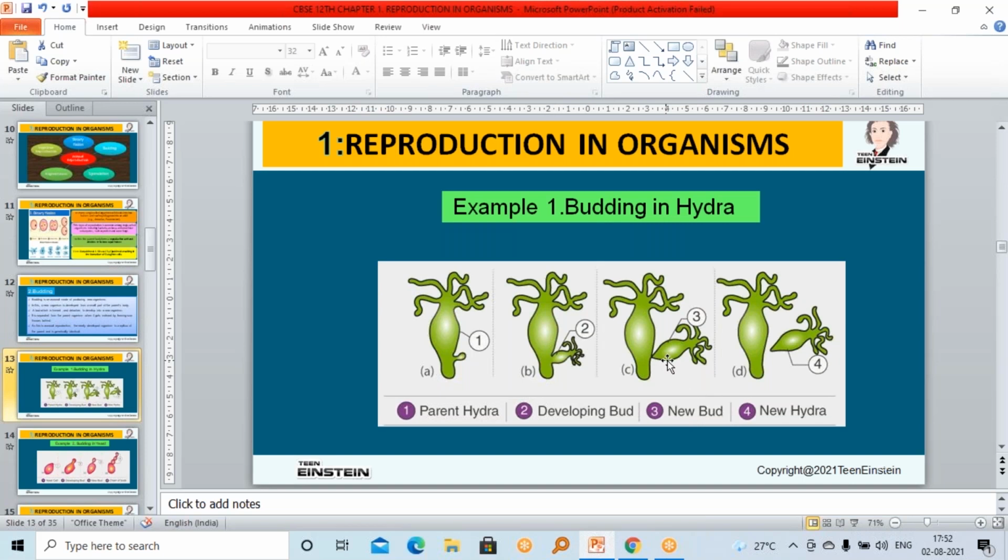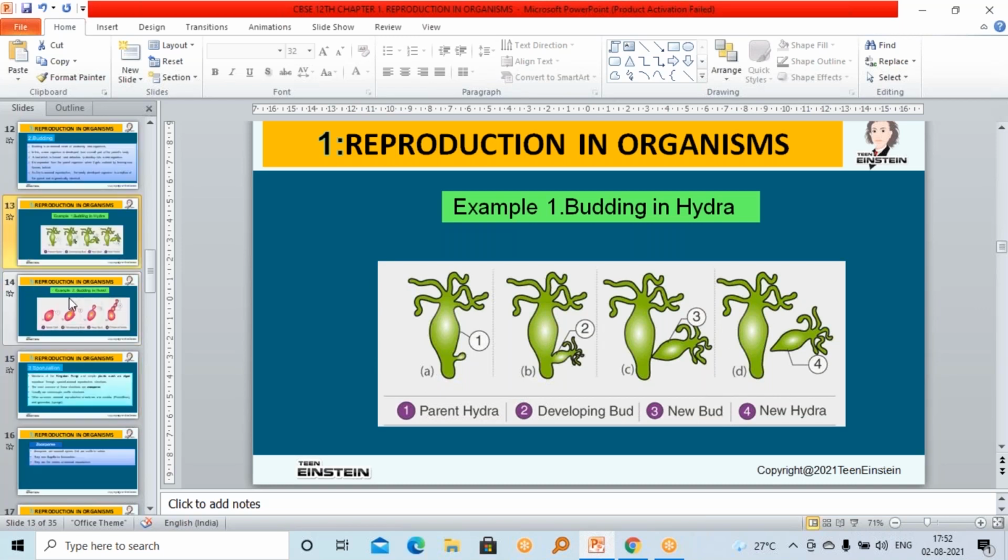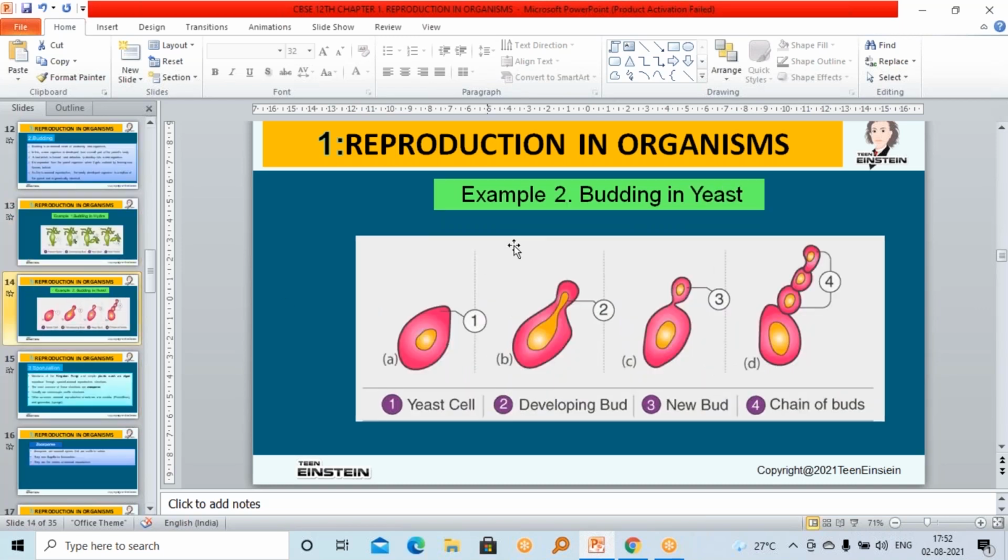It matures and after that it is getting separated. Here you can see the separated bud of hydra and this will form a new individual or new hydra. It will grow as a separate organism. So in hydra, which is an example for budding, in the parental hydra there will be a bud formation on the side.